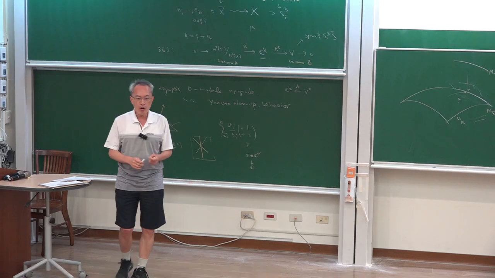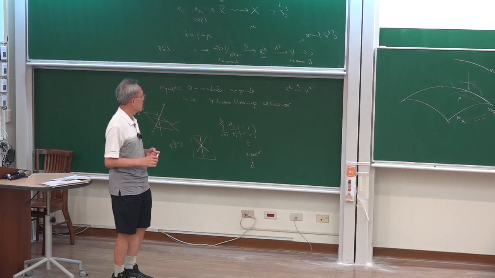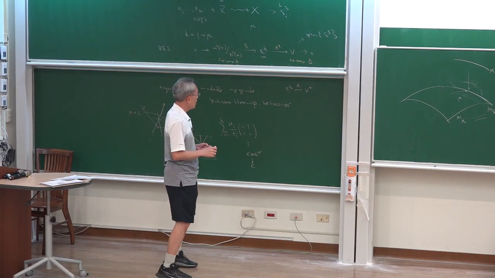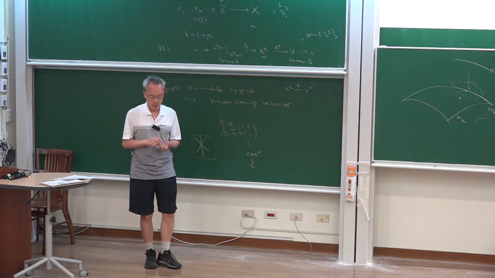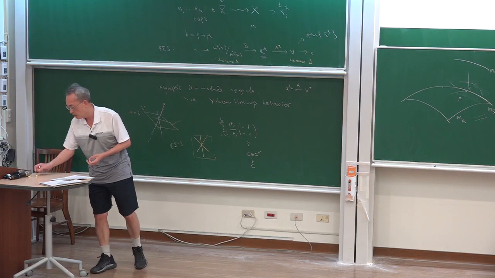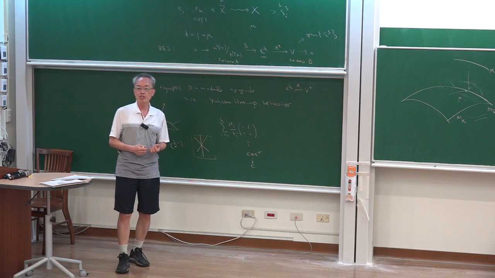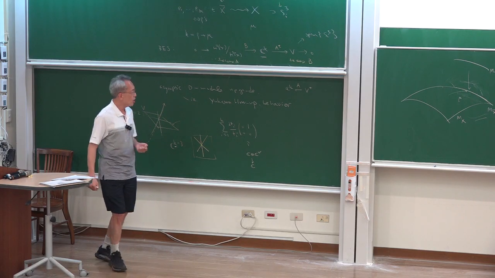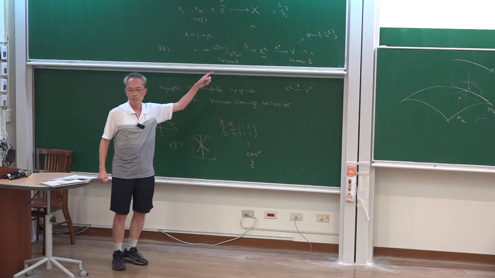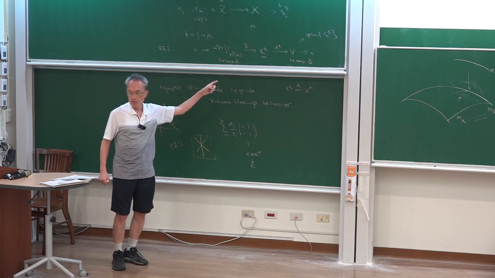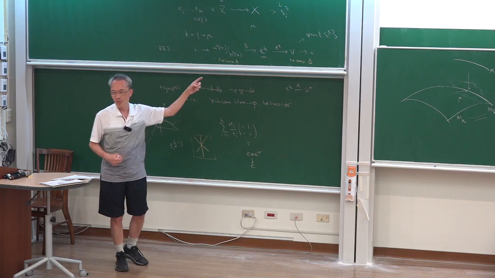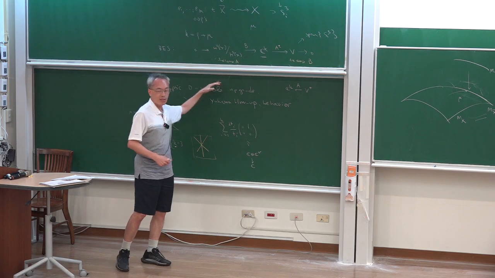Before I show the detail, I want to emphasize what's the most important next step, what's the real challenge. The challenge is to make this sequence become something in D-module, in real D-module, because this is just asymptotic.